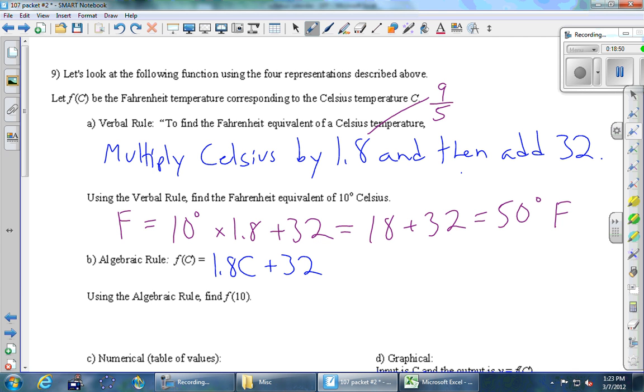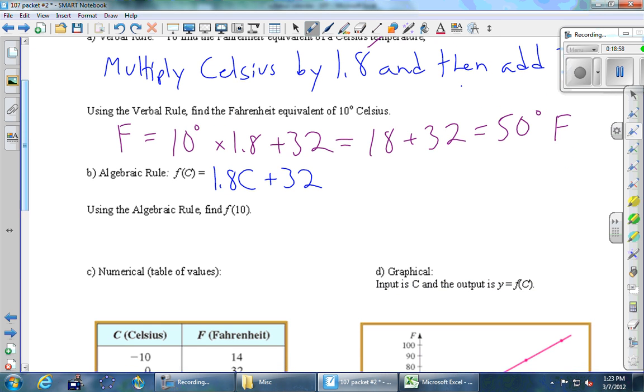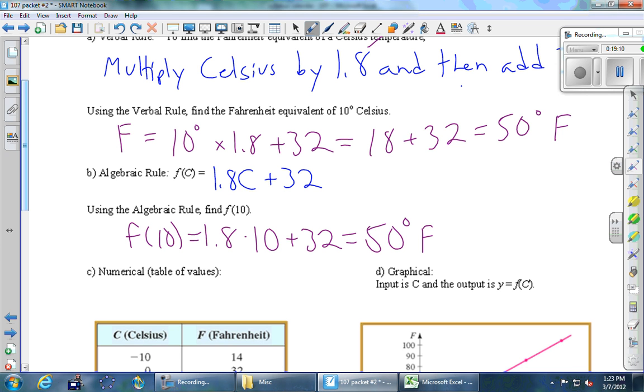Okay, let's use the algebraic rule to find f of 10. You guys have the formula right there. Find f of 10. What do we get?